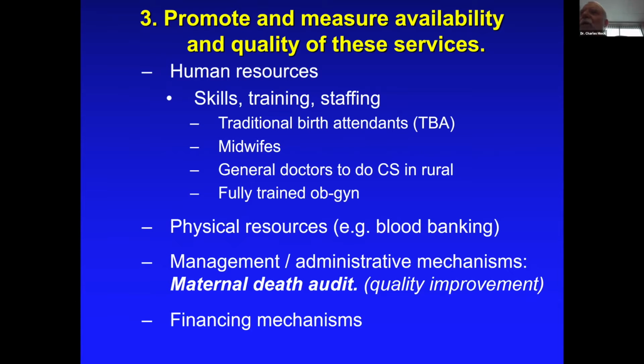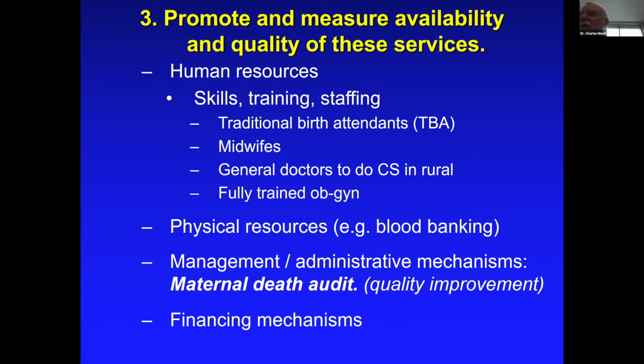It's been fairly well worked out what the resources needed to achieve this are, such as different skill sets for different levels of providers, all the way from traditional birth attendants, midwives, general doctors who do the cesarean sections in rural areas in much of the world, and fully trained obstetricians.